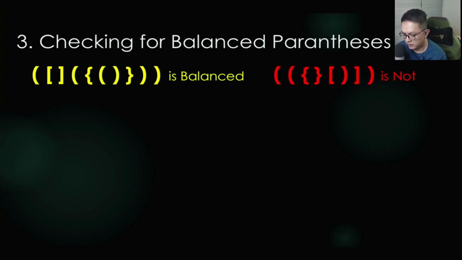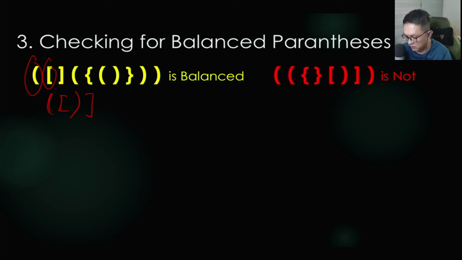Remember, when you open a bracket, you have to close it first before you close the outer one. For example, if you open the first bracket, then open the second bracket, you cannot close the first one before the second. Whatever you open inside, you have to close first. This is what I mean by balanced.